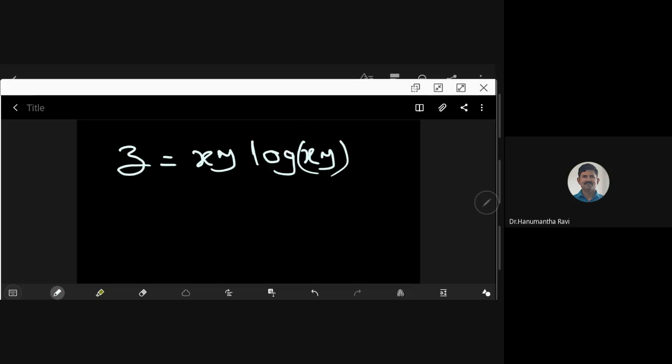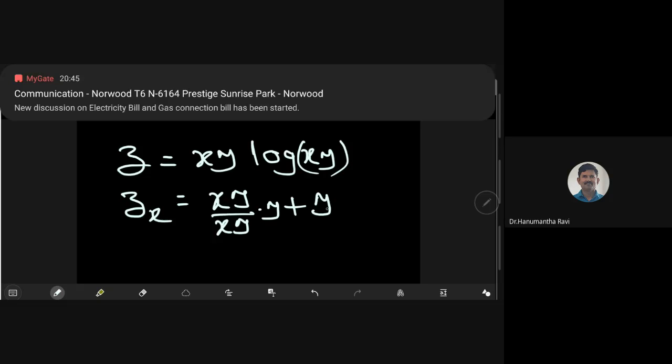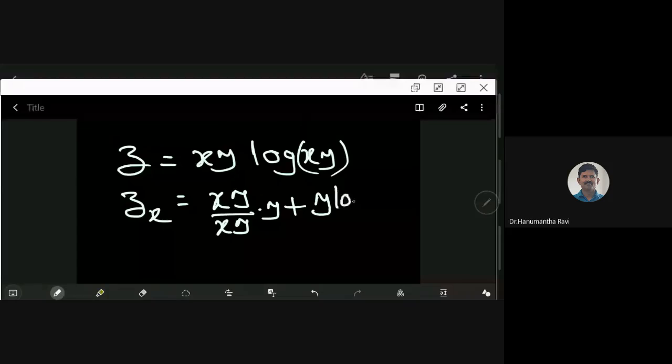So what is zx? Dou z dou x. So we have xy by xy into y plus y log xy. This is the UV rule we are applying, product rule.